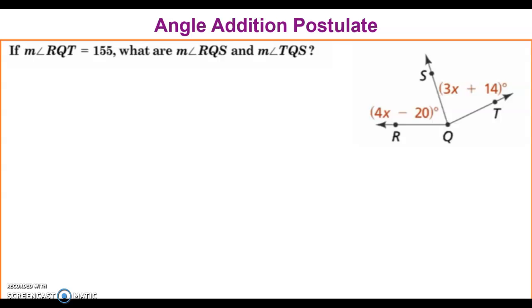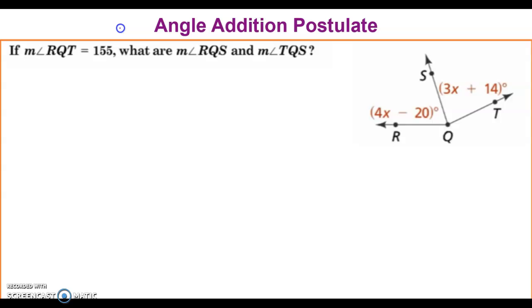Okay, guys, so today we're going to look at the angle addition postulate. The angle addition postulate says that if we have an angle that is cut by a ray or a line segment, then the two angles that are created should add up to equal the entire angle.